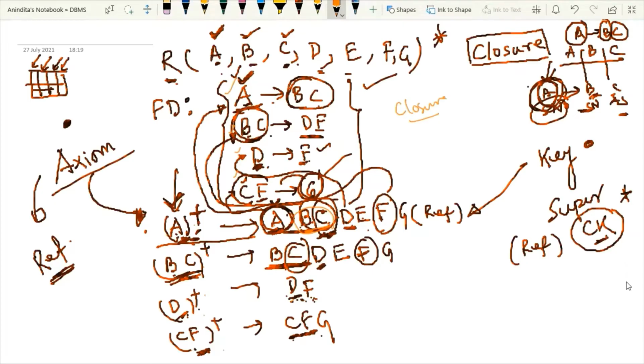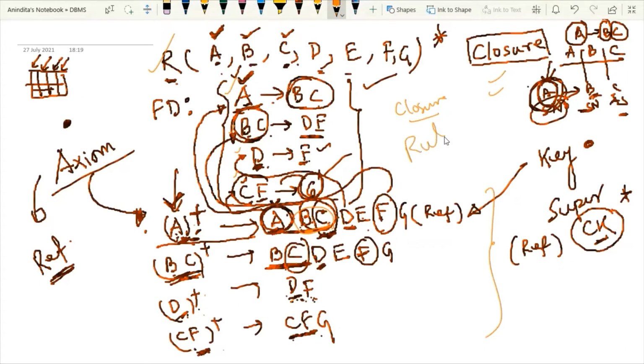Now here is the main point: why are we fighting for the closure? If you know the closure, then it will be very clear which one is the key of this table. Now you can ask me the question: can you tell me which one is the unique key, or which key can identify your tuple uniquely? I can say yes.